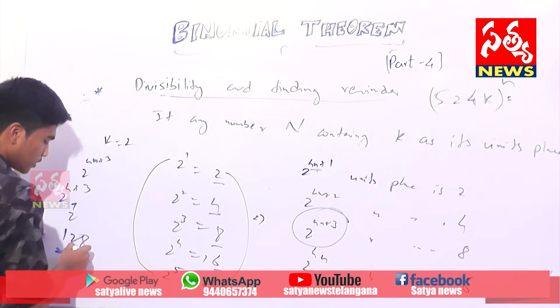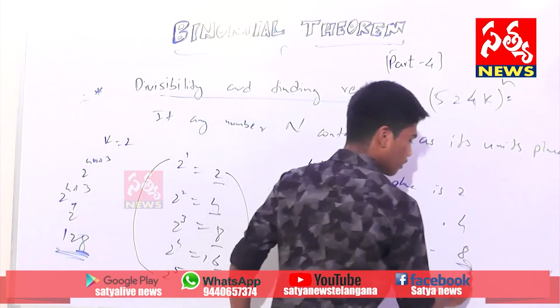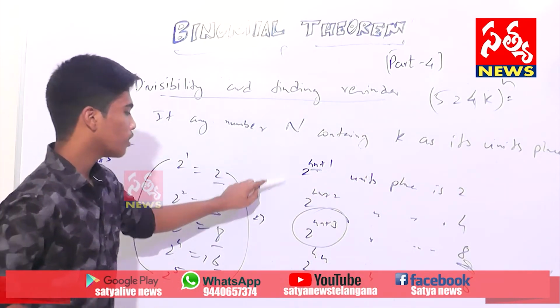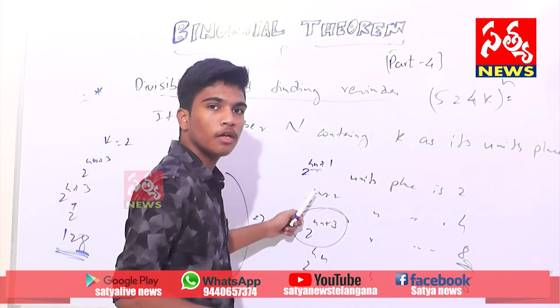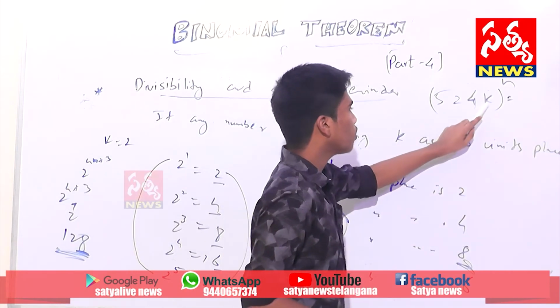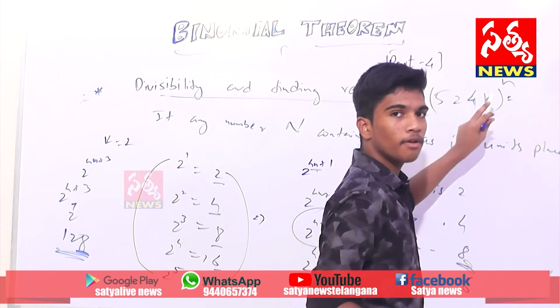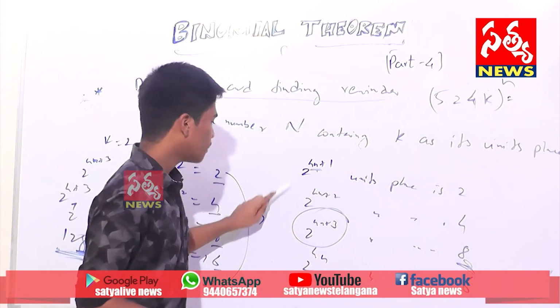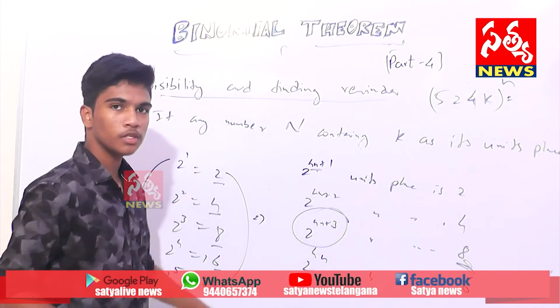See, the units place is 8, and here we have the value 8. In this way, we can obtain the units place if we have the k value as 2, or else in the units place we can check these properties.